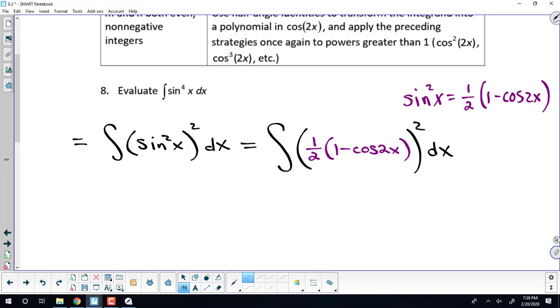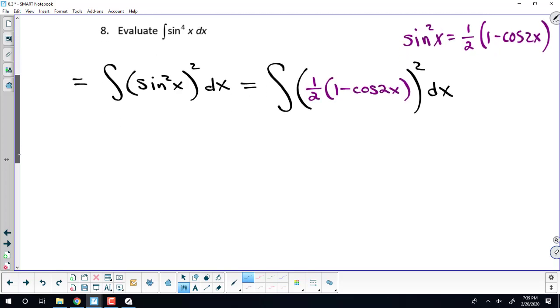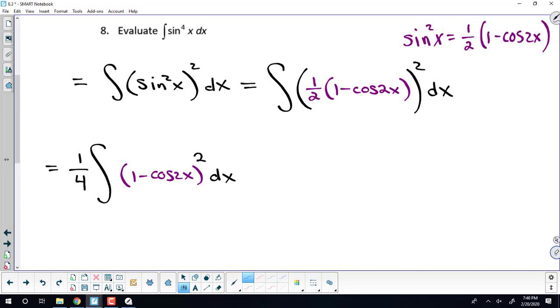So we actually have to multiply this out. We have to look at it as 1/2 squared times 1 minus cosine 2x quantity squared dx.